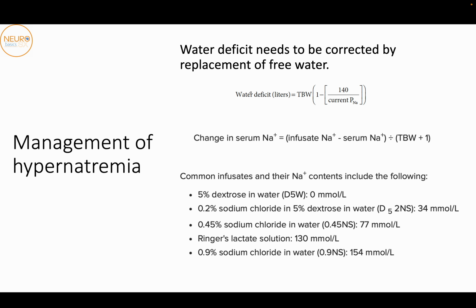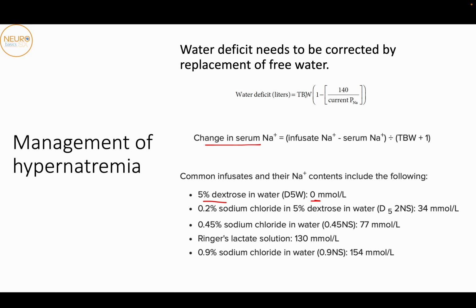Right, so if you are using 5% dextrose to correct that water deficit, you don't have to use this formula at all, because 5% dextrose has zero osmolarity. Once 5D is given to the body, the dextrose is metabolized, so ultimately it ends up just becoming free water more or less. So if you're using 5% dextrose, you don't have to use this equation.